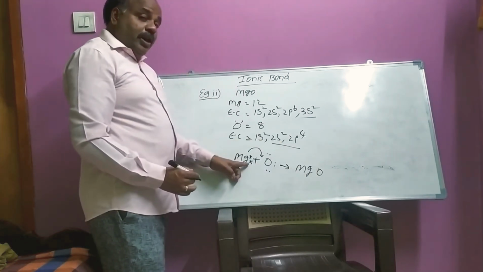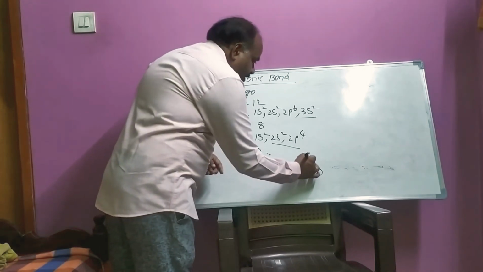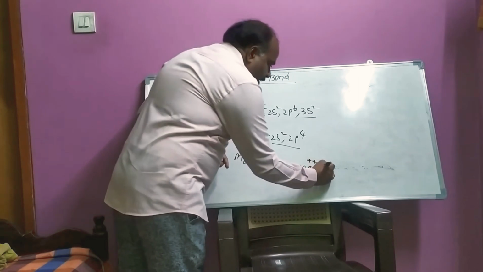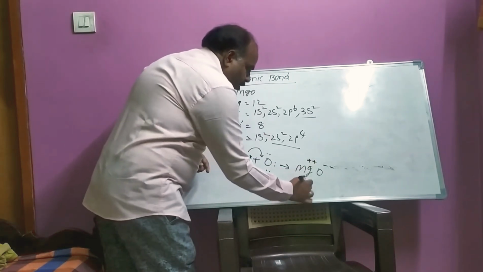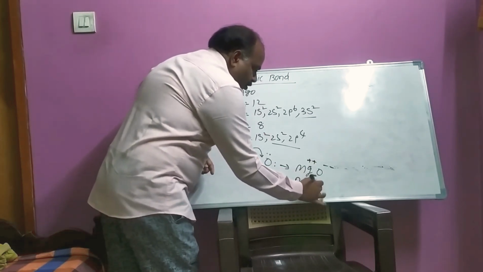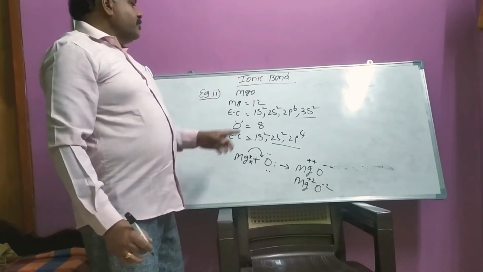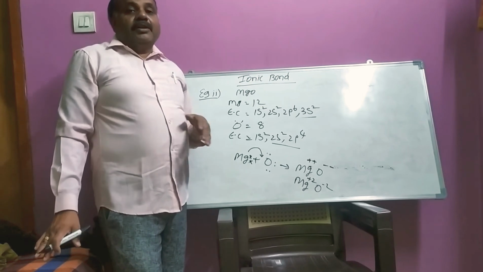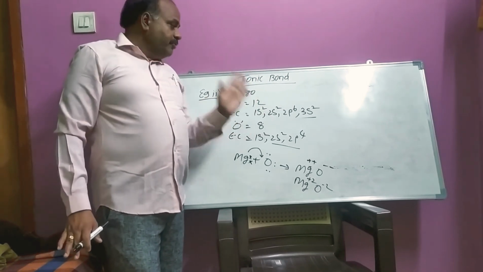By losing 2 electrons, magnesium gets 2 units positive charge, oxygen gets 2 units negative charge. Or we can write like this, magnesium plus 2, oxygen minus 2. So in this way, magnesium oxide is formed, bond is formed.